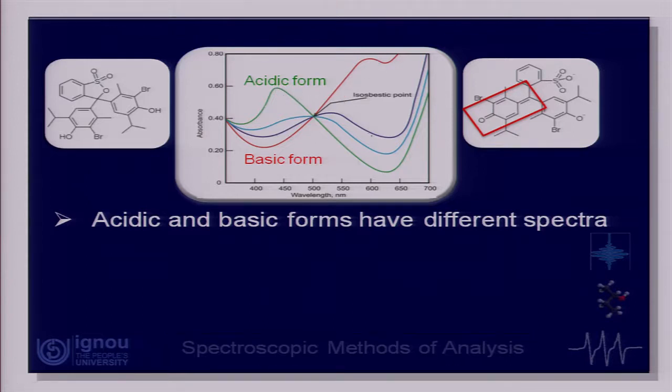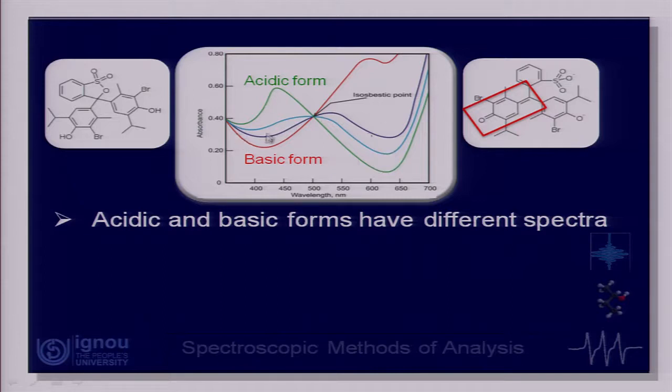Okay. Now, as we have low pH, the medium is acidic, and this species is the predominant species, and the spectrum is this. As I increase the pH, this species gets converted into the basic form. As a consequence, the intensity here, that is the absorbance here, decreases, and that of this part here, which is more of the basic form, increases.